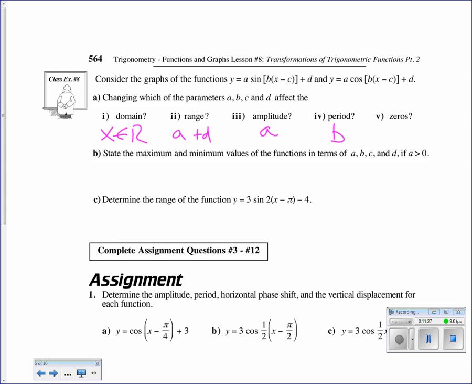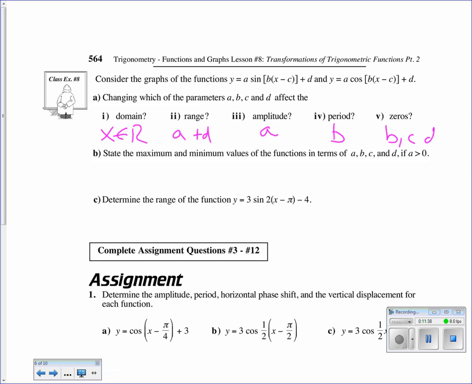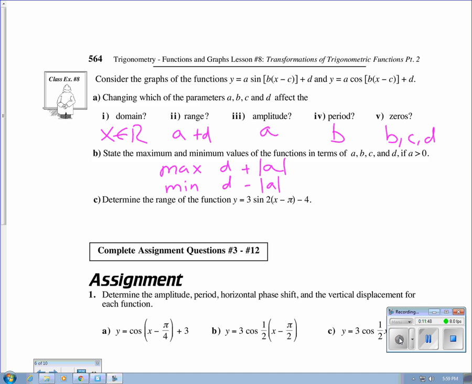What are the zeros? The zeros are the x-intercepts. What controls x-intercept? Your x-intercept actually is controlled by everything but A. B, C, and D will control when the graph crosses the x-intercepts. Minimum and maximum values, and then we can talk about an application.